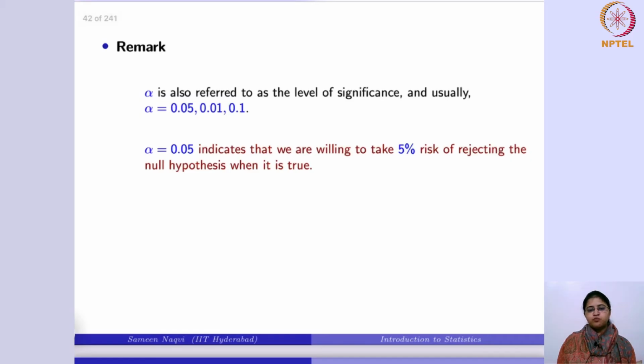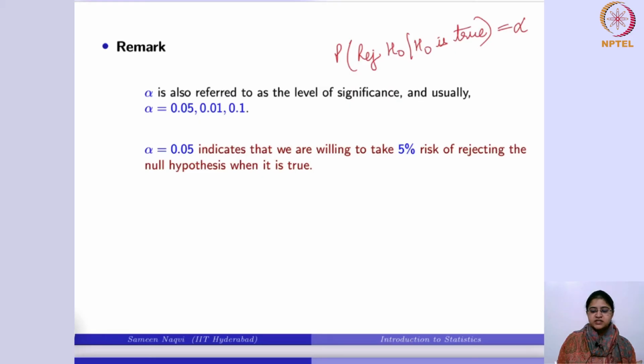When I say alpha is 0.05, alpha is the level of significance, because alpha is the probability of rejecting H0 given that H0 is true, right? So this is your alpha.